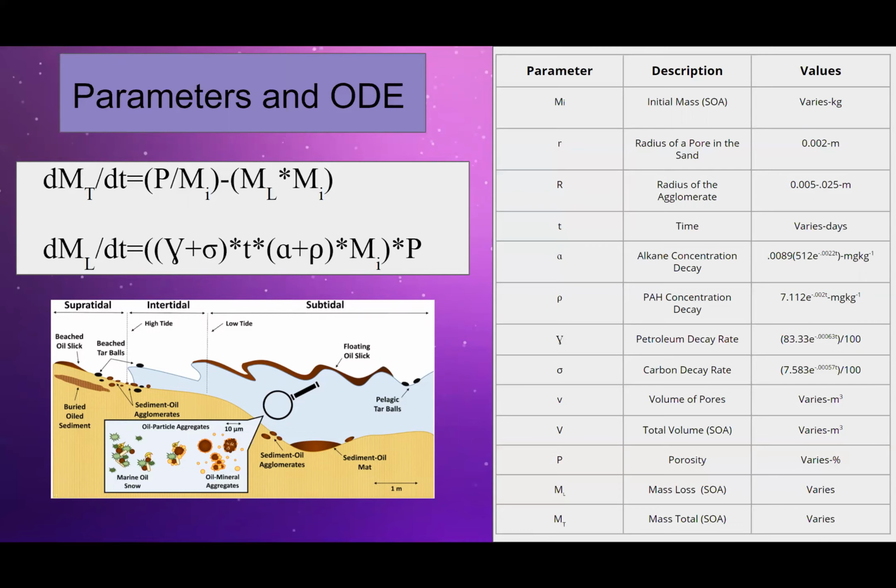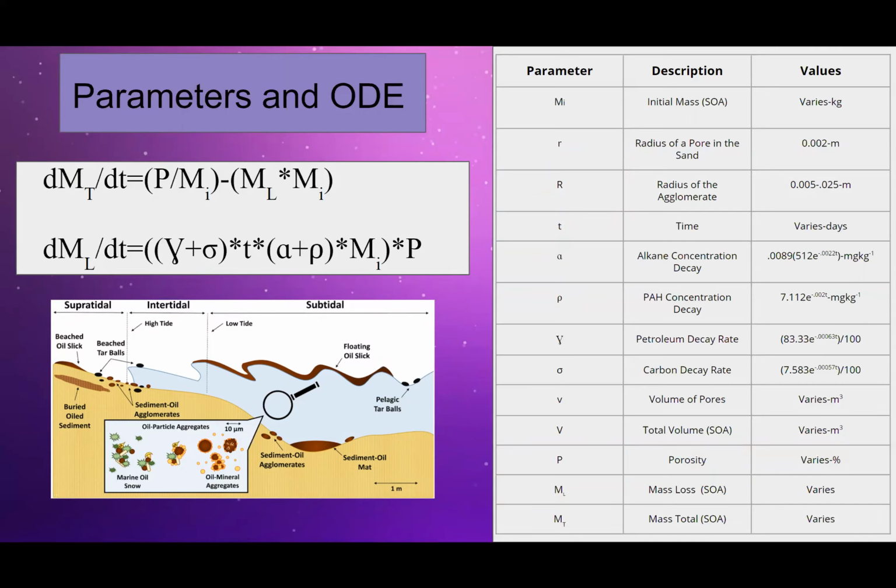So we used these parameters for our ordinary differential equations that you can see on the left-hand side of the screen. Our first differential equation is for the total mass, and our second differential equation is for the mass loss of the sand, the oil, and just the SOA in general.